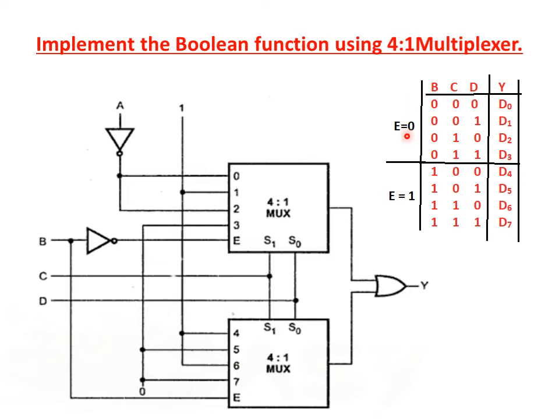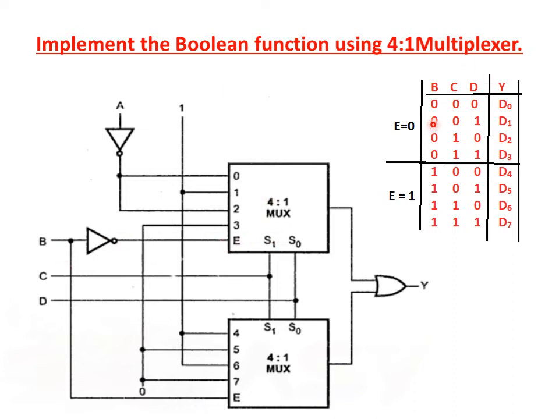Now for enable E equal to 0 condition, B is equal to 0 for the first 4 combinations. When we apply 0, we will get 1 here. At the same time, we will get 0 here. So multiplexer 2 is off and multiplexer 1 is on when B is equal to 0.